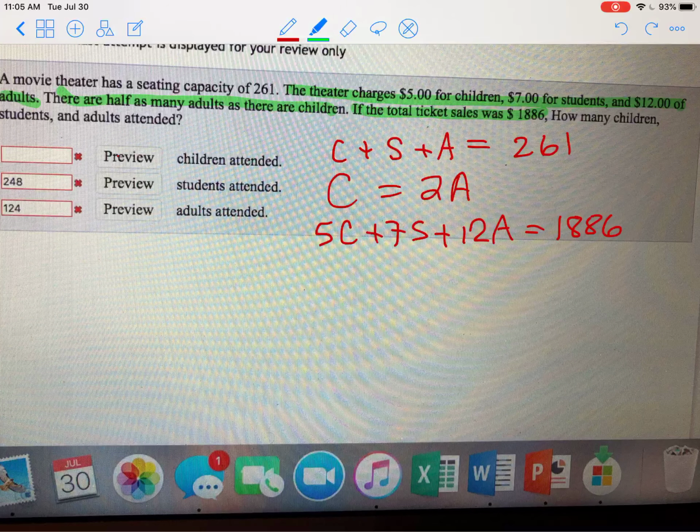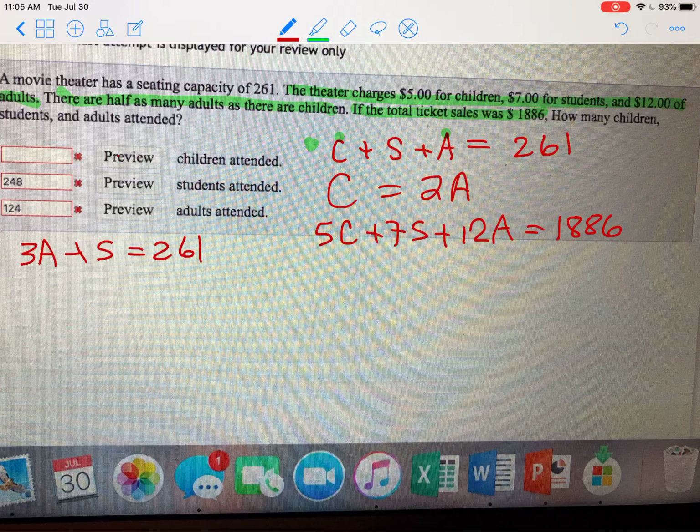Okay, so let's go ahead and rewrite this equation. We'll start with the first equation. We can replace C with 2A and observe that if we do that, we get 2A and then another A here. That gives us 3A. So our first equation becomes 3A plus S is 261.